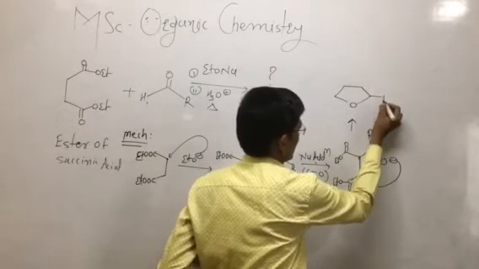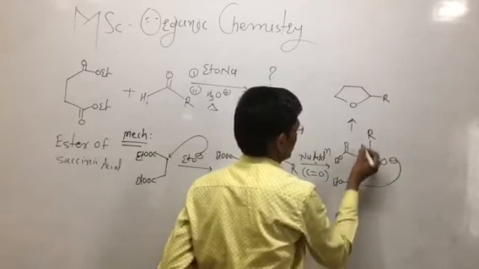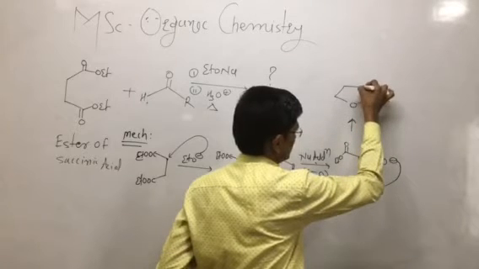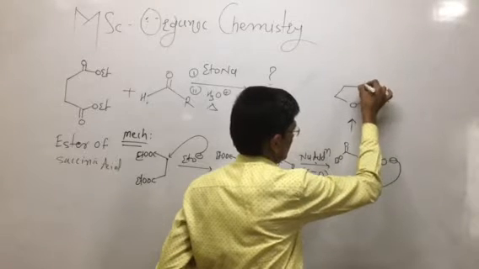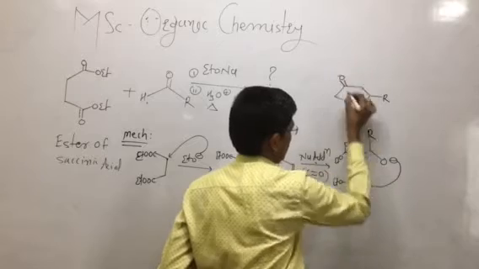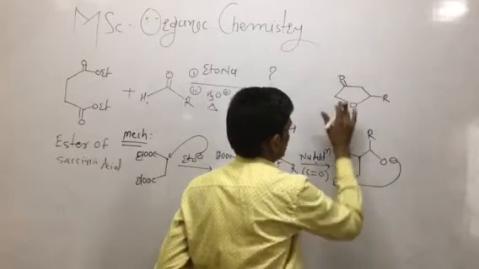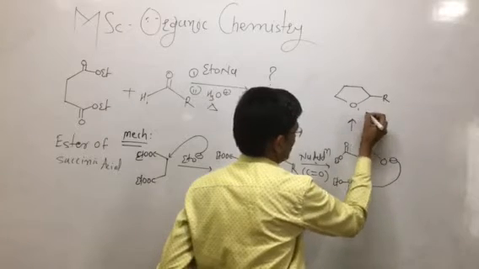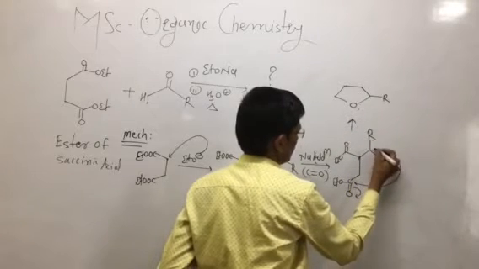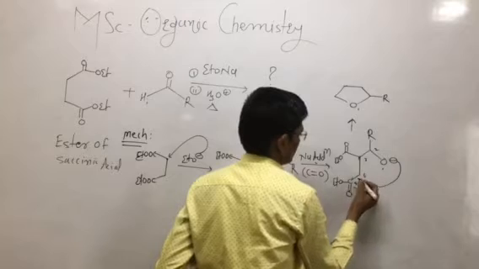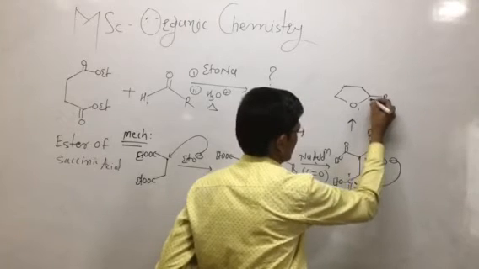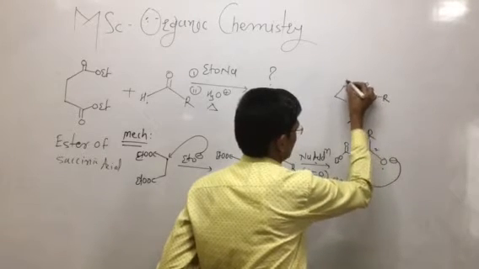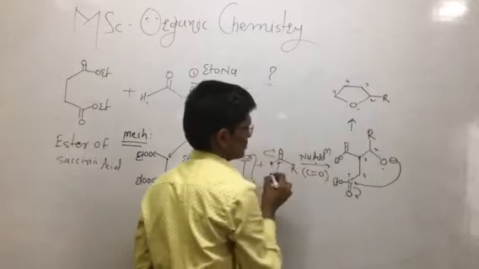This oxygen which is having this alkyl group, this one carbon atom, this is C double bond O. Sorry, here I am writing this carbon atom, this oxygen atom 1, 2, 3, 4 and 5, 1, 2, 3, 4, 5 carbon atoms.